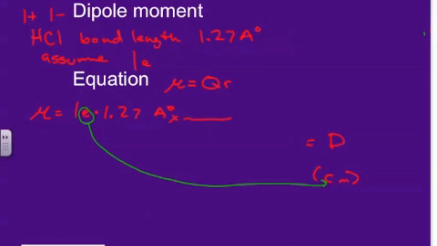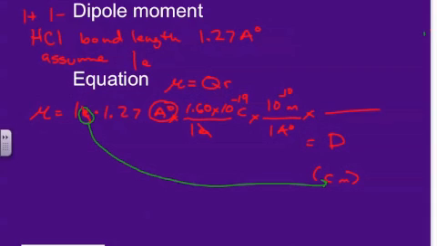If I have 1 e, and 1 e is 1.60 times 10 to the negative 19th coulombs, that gets rid of my e's. But now I have to convert angstroms into meters. So I put 1 angstrom here, and then I have 10 to the negative 10th meters up here.